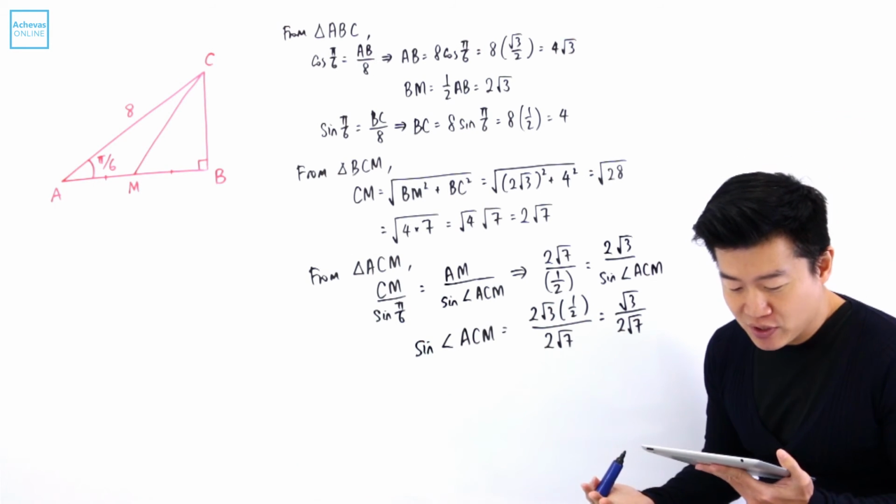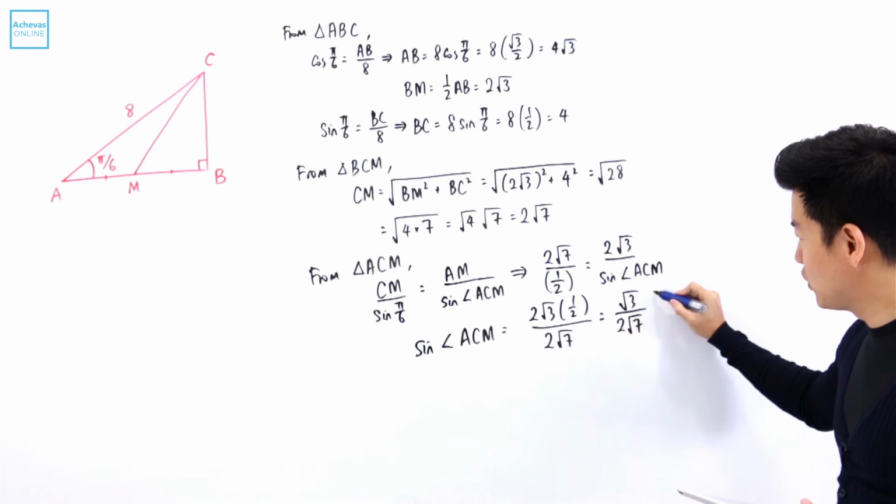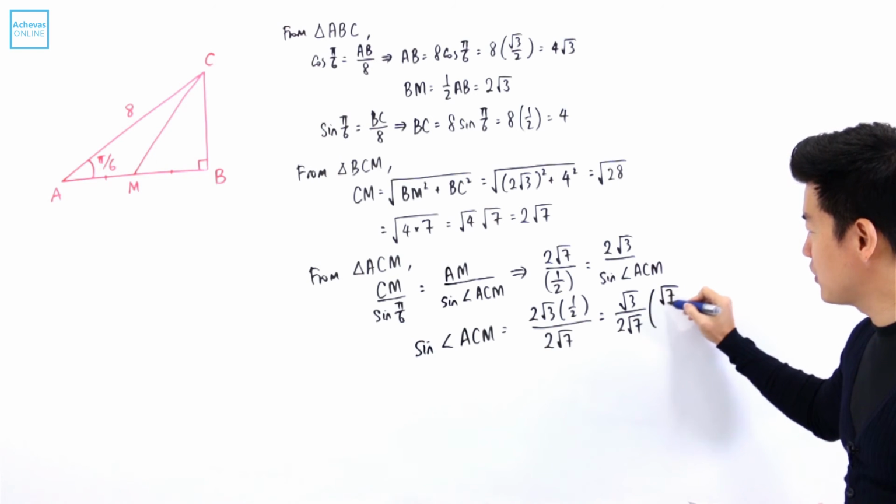According to the format that the question asked me to show, I know this has to be rationalized. So I'm going to multiply this by square root of 7.